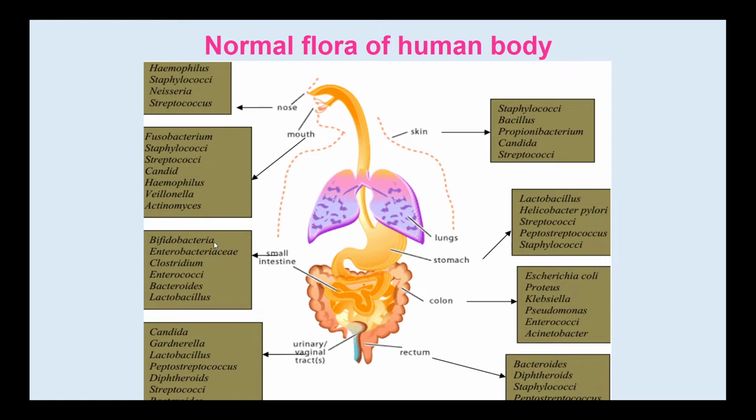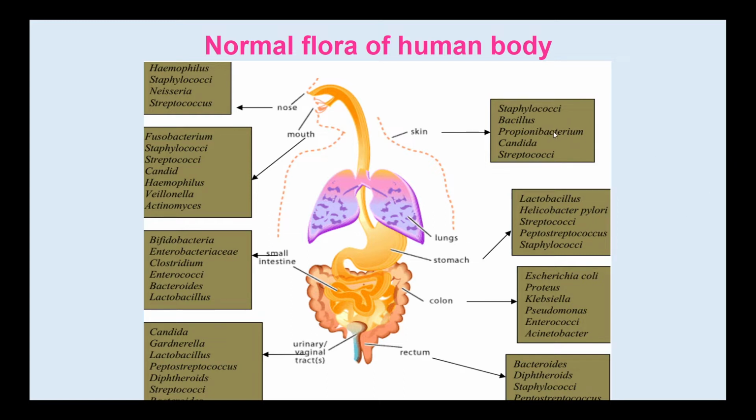Obligatorily, if we talk about the respiratory tract, the lungs should be sterile, but up to the trachea some bacteria may be present which can transfer through the mouth. And obligatorily, we should speak about the skin, because the skin is a protective layer of our organism which contacts different types of bacteria from water, from the environment, from air, and some bacteria are always present on the surface of the skin.